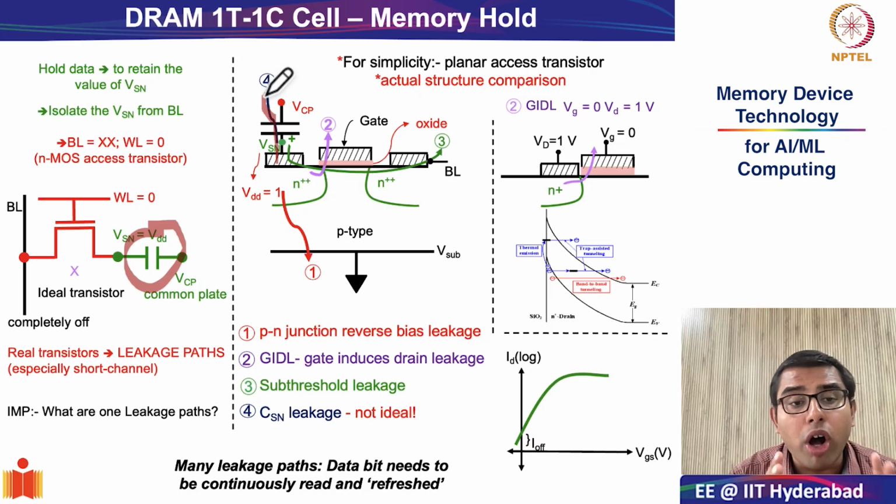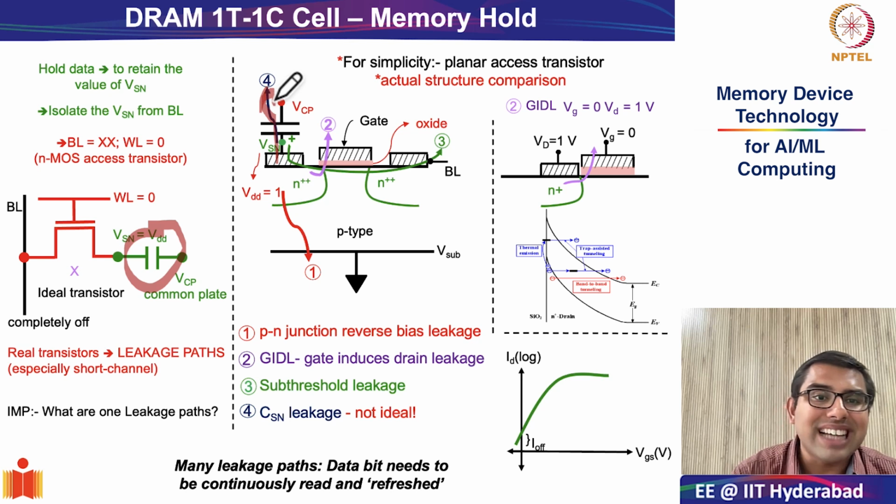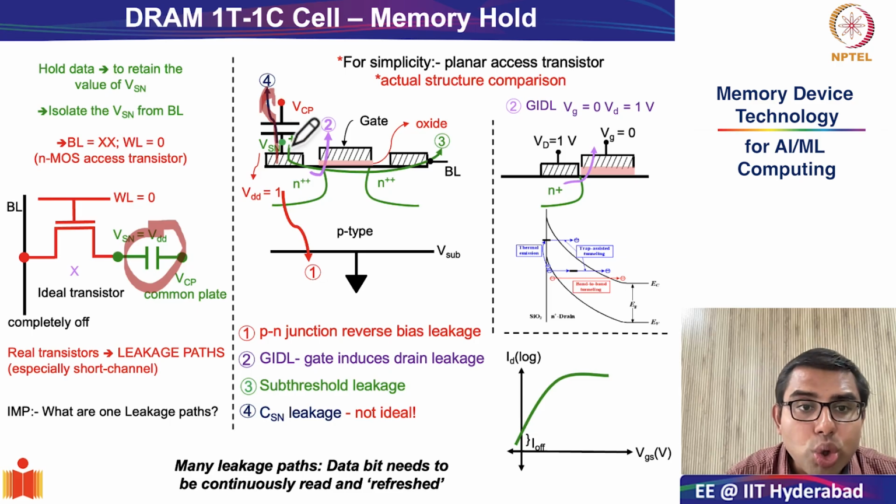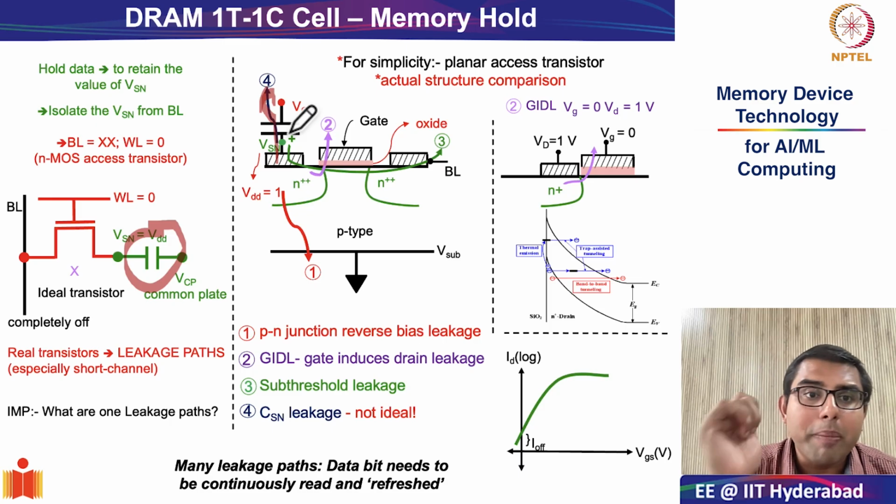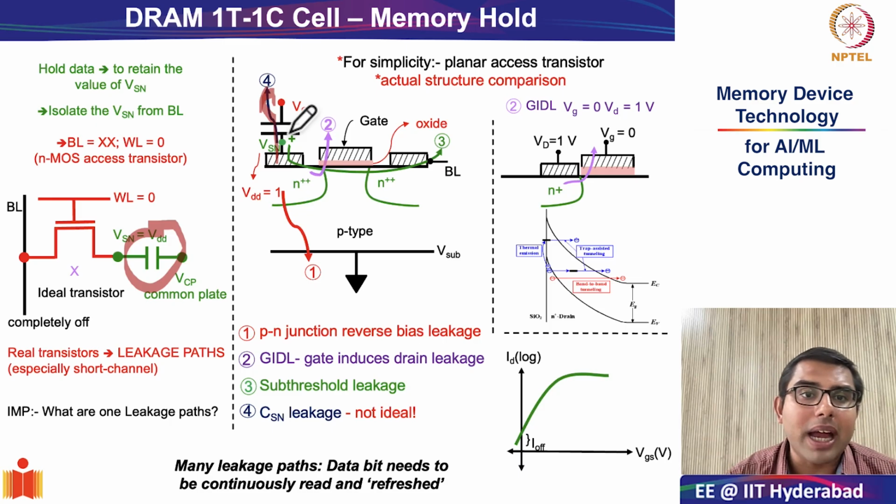So this forms the fourth most important aspect, as I have marked over here, which results in the leakage of charges from the storage node through the oxide, or insulator, of the parallel capacitor into the VCP.